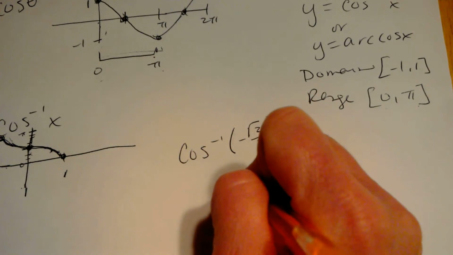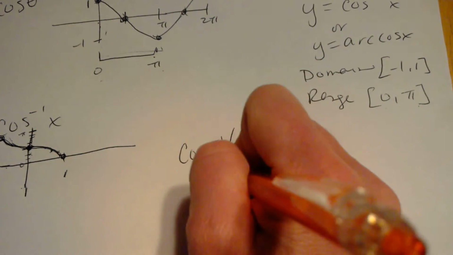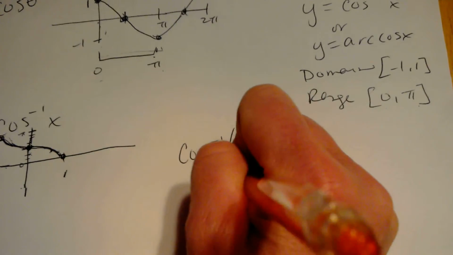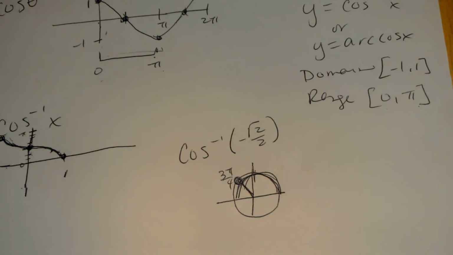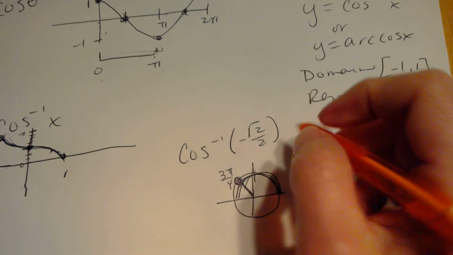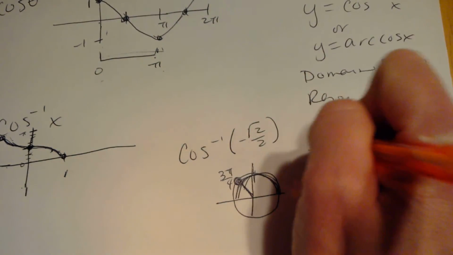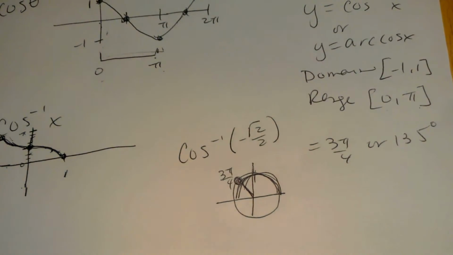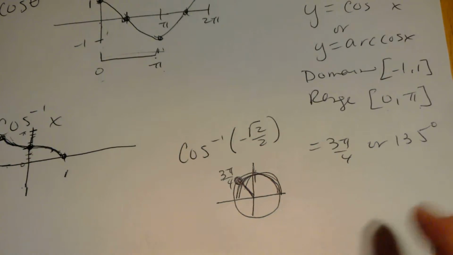Right over here, it would be right here. And so that's going to give me what? It's 3 pi over 4, which is the same thing as 135 degrees. So we could say that's either 3 pi over 4 or 135 degrees, depending on how they want their answer listed. So it could be radians, could be degrees. It just kind of depends on what the question's looking for.